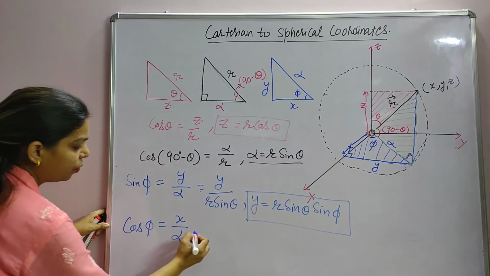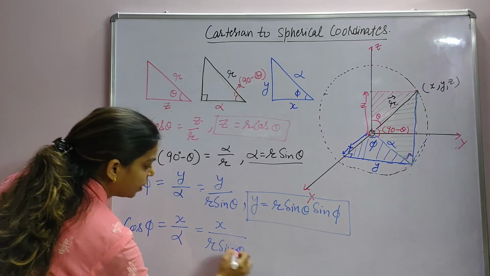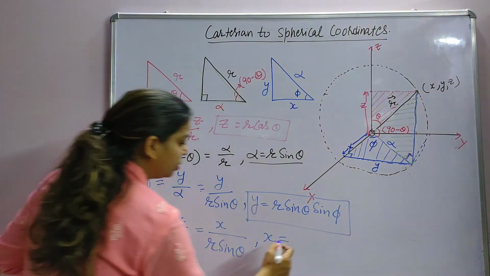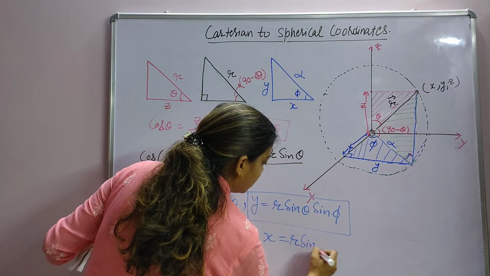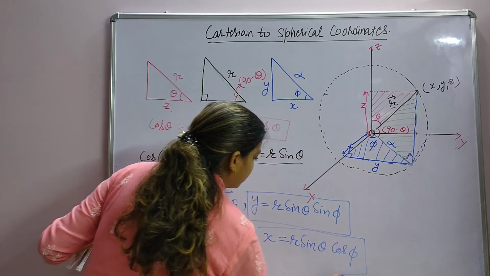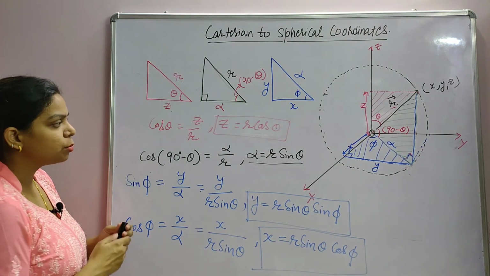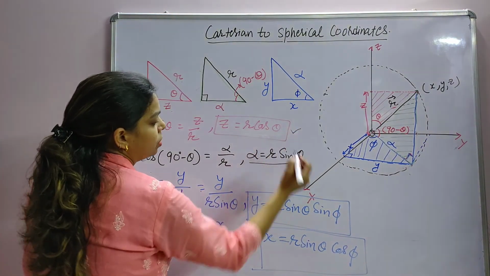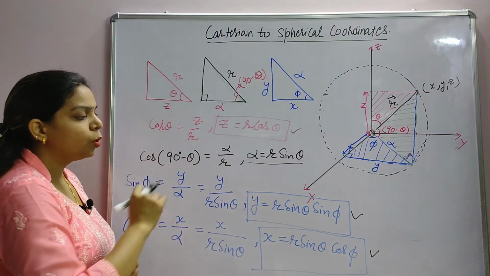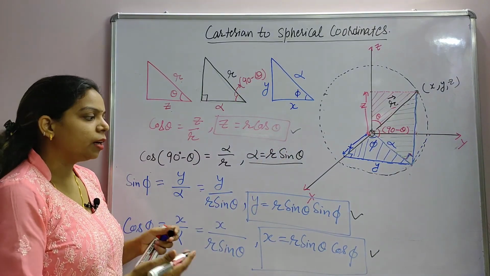Similarly over here also, x upon r sin theta. Hence x becomes, multiplying this term over here, r sin theta cos phi. So we have the values of x, y and z in terms of r, theta and phi. So Cartesian coordinates are converted to polar coordinates. We will use these relations wherever they are needed in our further derivations.